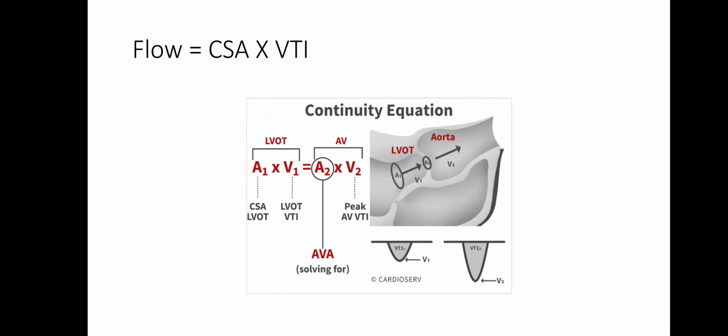What is flow? How can we calculate that? We can calculate the flow by multiplying the cross-sectional area at that point with the VTI at that point. How can we find the VTI?